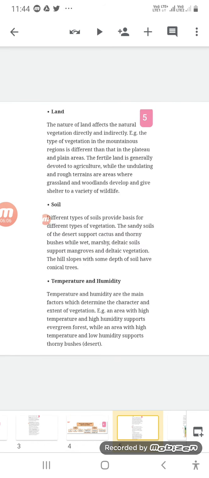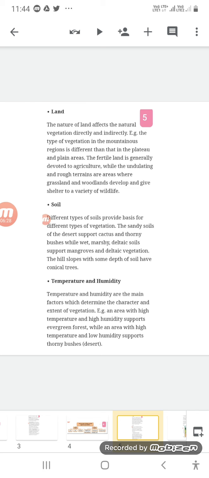Let us go to the first one. It is land. The nature of the land affects the natural vegetation directly and indirectly. For example, the type of vegetation in the mountainous region is quite different from the vegetation found on plateaus or in plain areas.